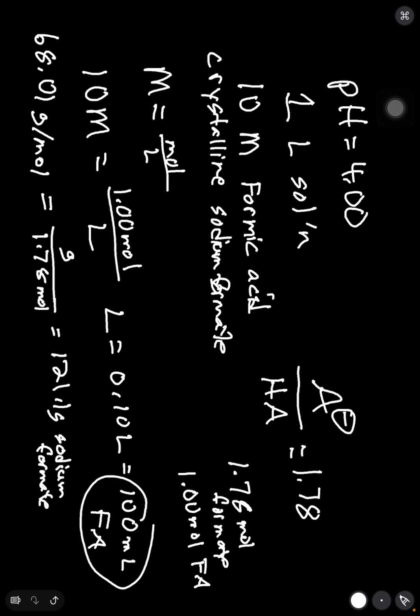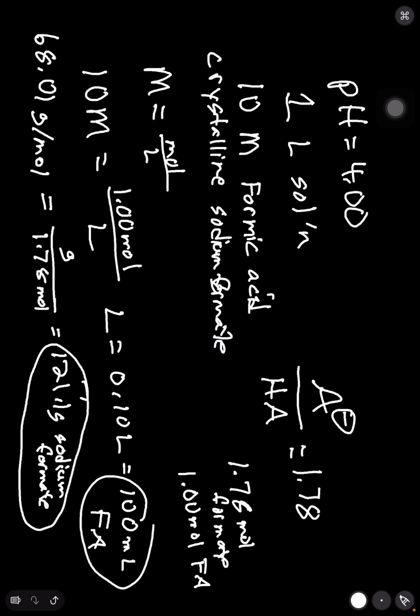That is what gives you 1.78 moles of sodium formate. And since we know it dissociates in a 1-to-1 ratio, that also means it gives you 1.78 moles of formate ion. So that's the second half, right?